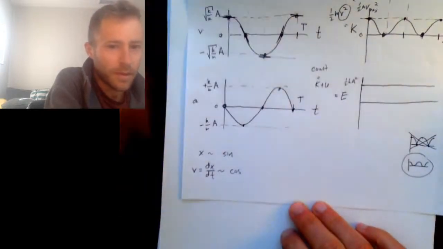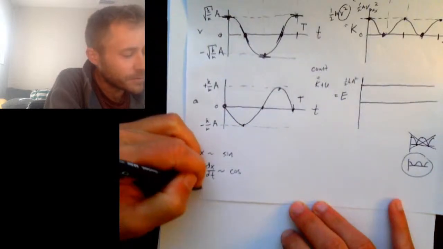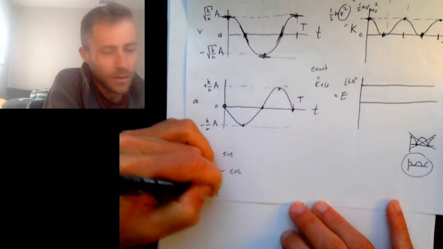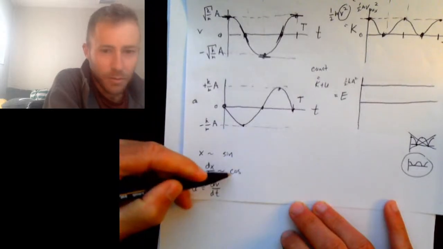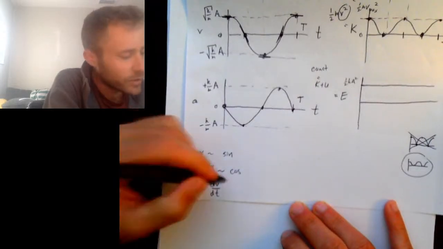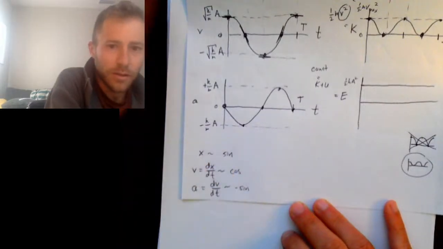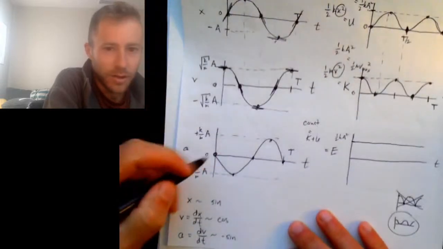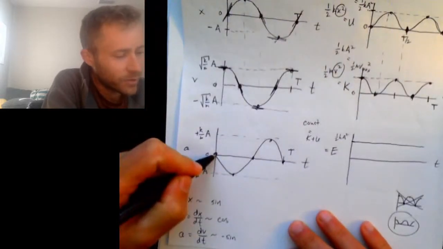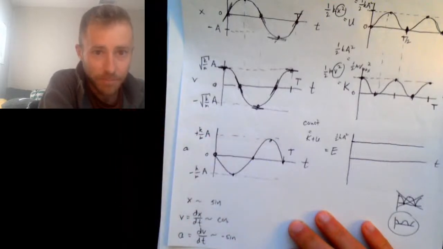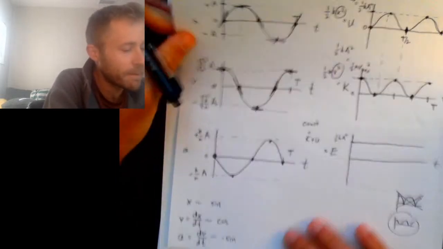The acceleration is the derivative of the velocity. So we have to take the derivative of cosine, which is going to give us negative sine. All right, and indeed, our acceleration time graph starts out at 0 and it goes down from there. So that's the graph of negative sine. So that's nice.